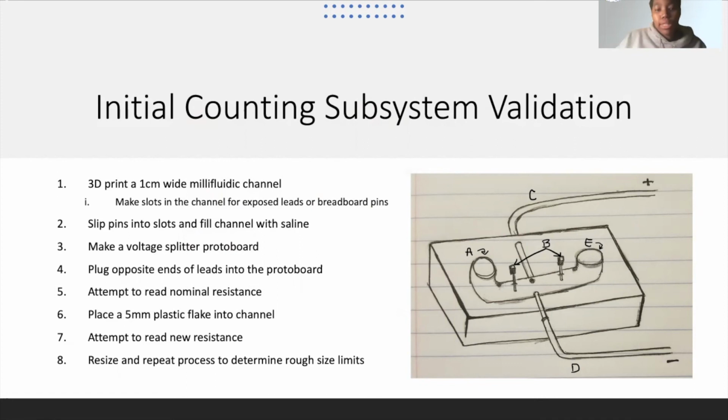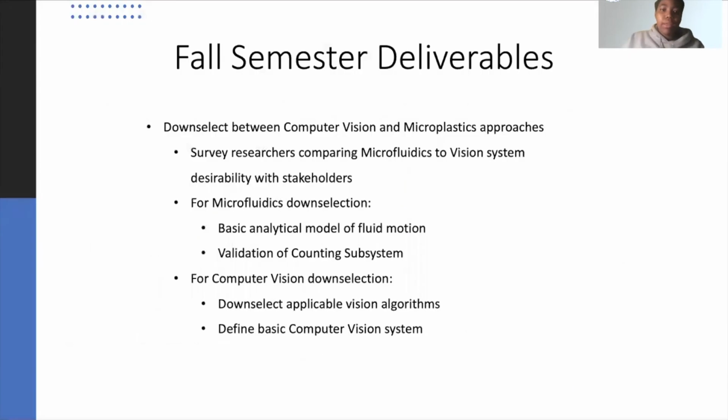We're going to start with a 1 centimeter wide millifluidic channel, introducing a 5 millimeter microplastic flake. But as we repeat the experiment, we'll do this for different sizes of the millifluidic channels as well as different sizes of the microplastics to ensure that we're able to measure microplastics and count them within the range that the stakeholders want.